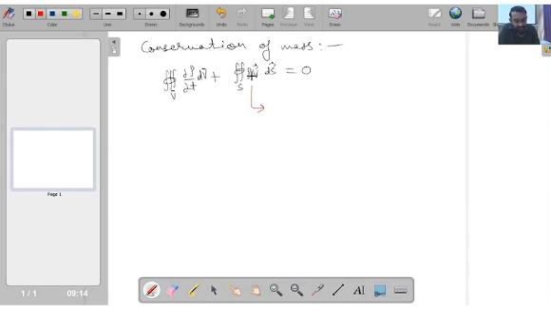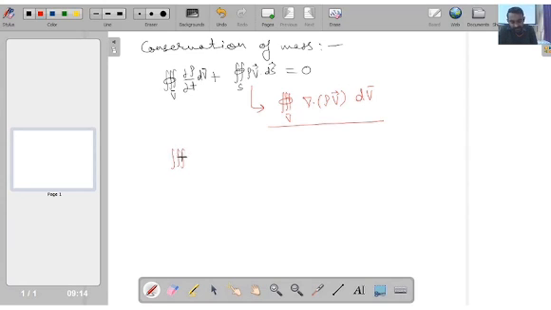Okay, so if I do so, the replacement for this term in terms of volume integral will become the volume integral over v bar, and this rho v vector dot ds will become divergence of rho v vector into dv bar. Okay, so this is the conversion from surface integral to the volume integral. So now the first term is also a volume integral, and the second term is also a volume integral.